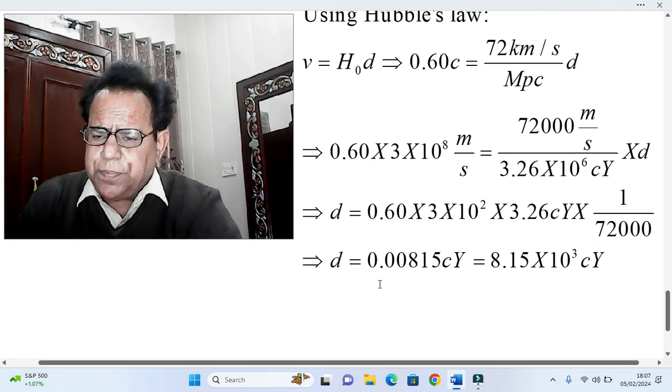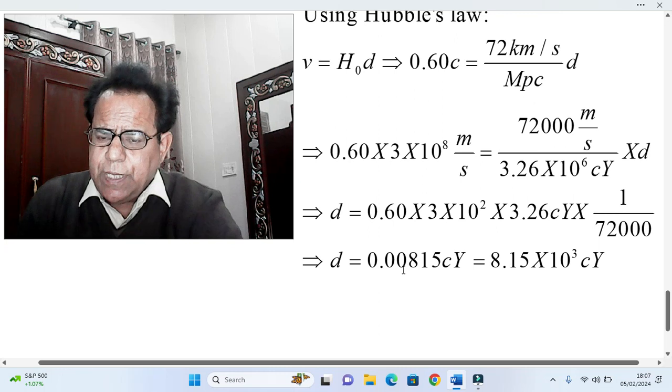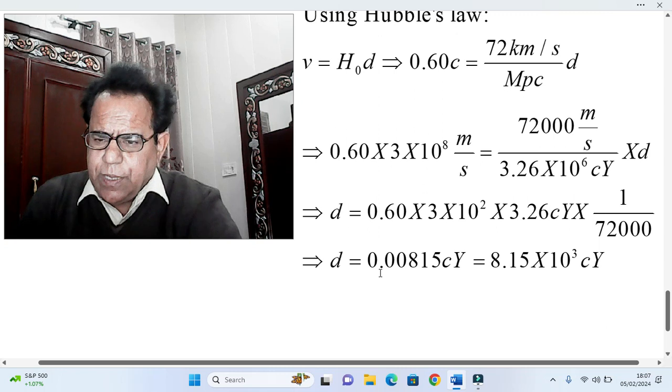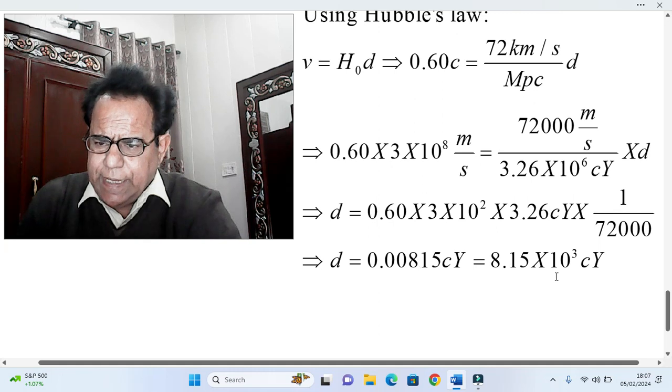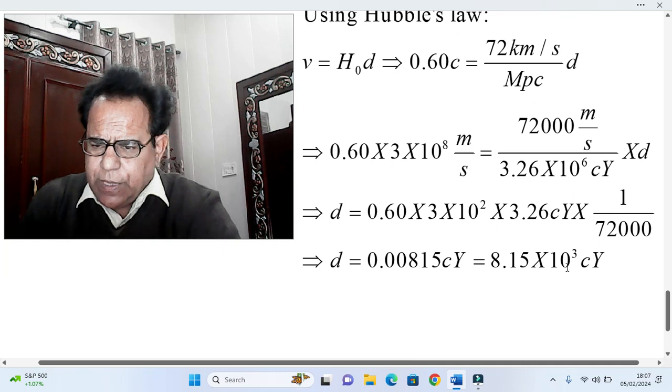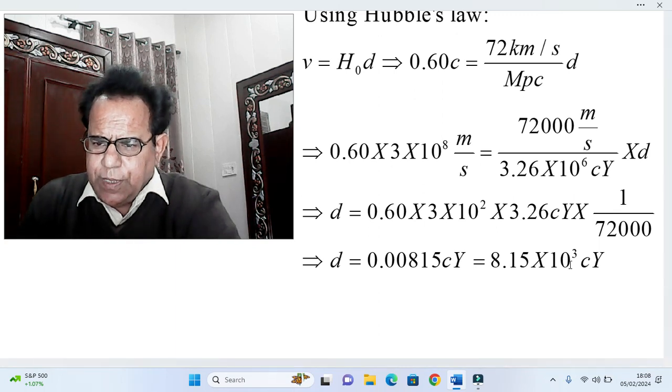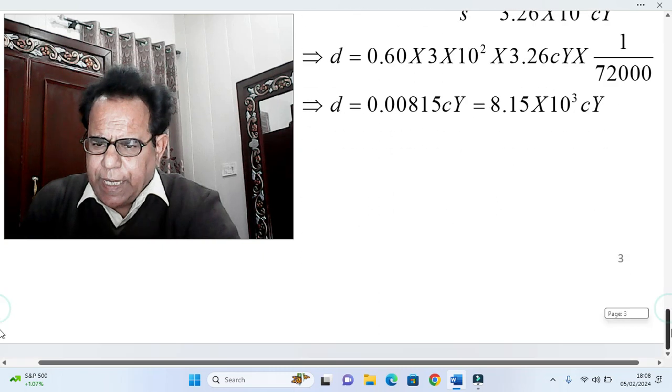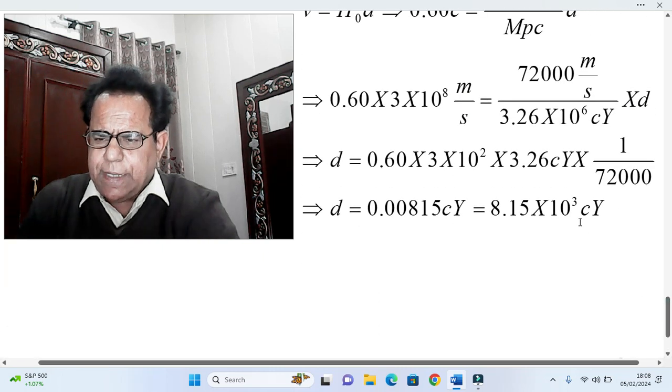Actually, dear students, because we have shifted decimal 3 stages ahead, so 8.15 into 10 raised to the power 3, I think perhaps this is 10 raised to the power minus 3.